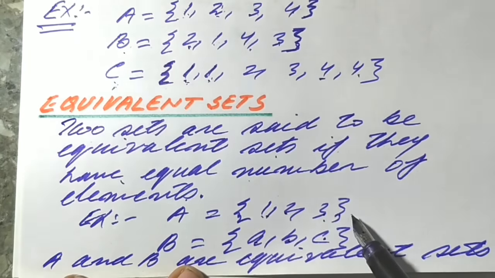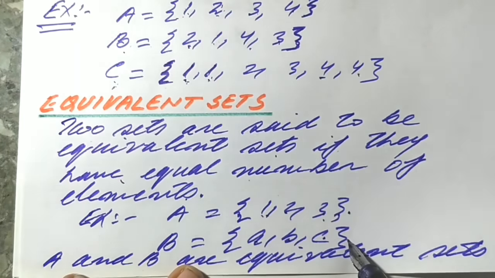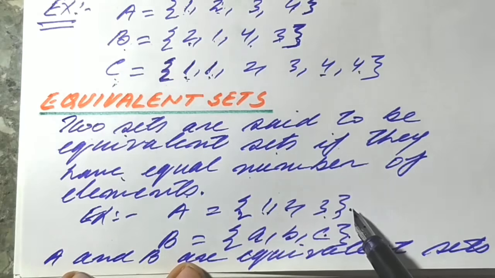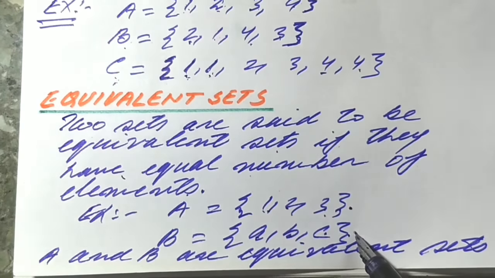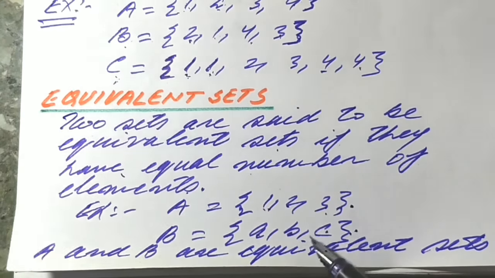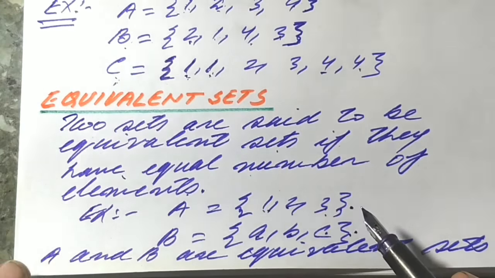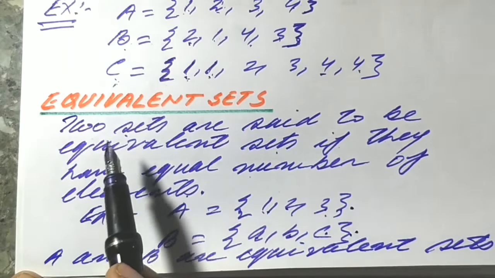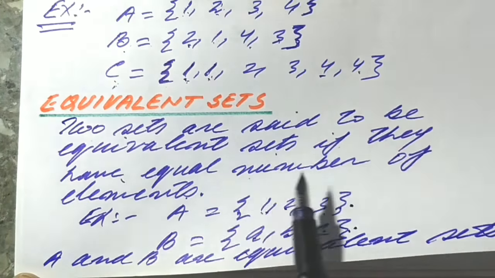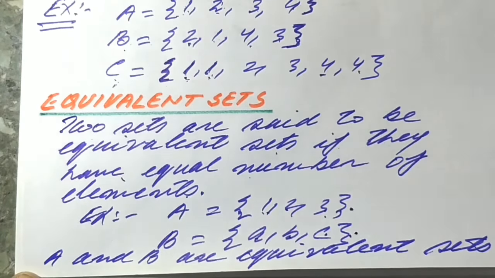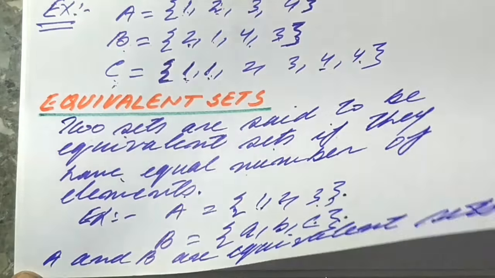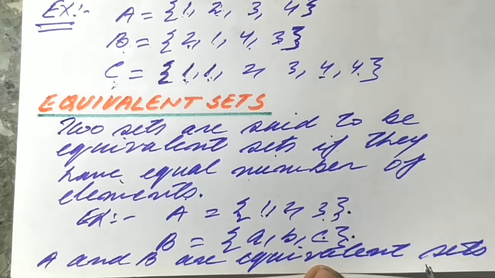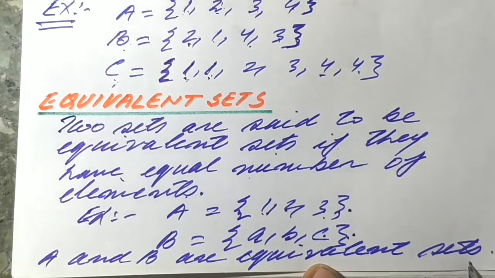The number of elements of both sets is the same: set A has 3 elements as well as set B. Though their elements are not identical, by the definition two sets are equivalent sets if they have an equal number of elements. So set A and set B are equivalent sets. Yes, these two sets are not equal sets.